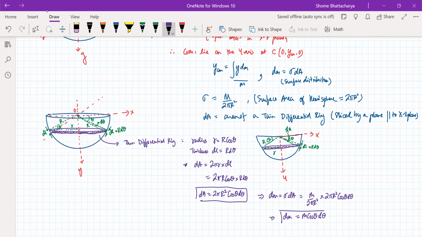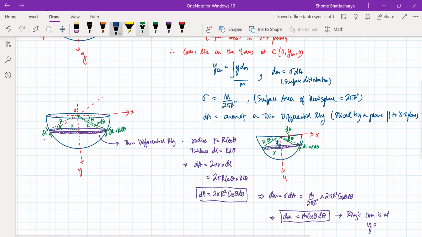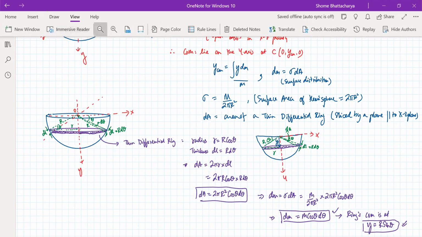Now this ring's center of mass is at y equal to, in this diagram you can see this is y. That y coordinate of that particular ring's center of mass is R sine theta. So now we will substitute these things, y dm, and integrate this expression above. Okay. So I'll just minimize this and go through this for a moment.